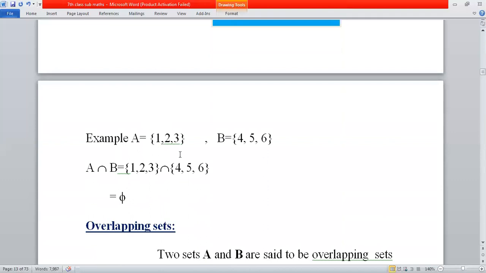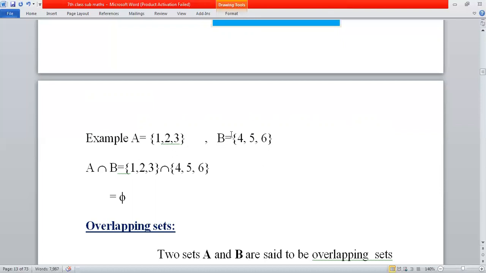Now look at the example. Set A is {1, 2, 3} and set B is {4, 5, 6}. If you check these two sets, there is nothing common. In the first set, 1, 2, 3, and in the second set, 4, 5, 6. Both sets are different. For disjoint sets, we find the intersection of both sets.